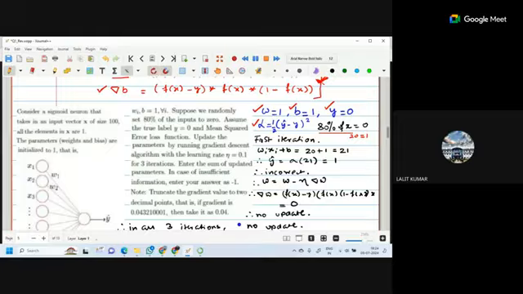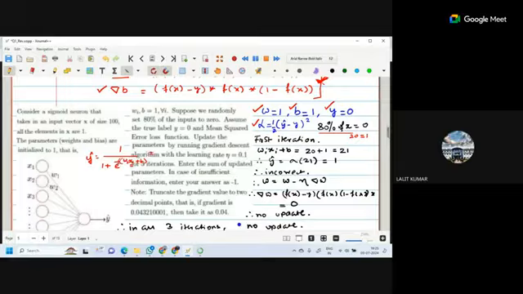So how do we find y hat? Y hat is equal to 1 divided by, since we are using sigmoid, 1 plus e to the power minus of the summation of w_i x_i plus b. Here 80% of the values are 0, so only 20 x's remain in the summation.